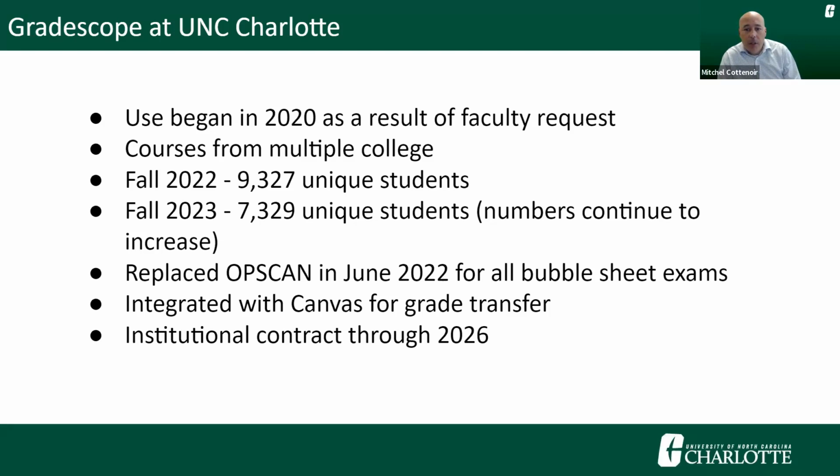So this is a fairly significant number of students on campus, mainly undergraduates who are using this, and mainly in the large enrollment courses in those first and second year courses that we see across campus. As of right now, this semester, there are 7,329 unique students in there. That number continues to increase as people start to bring in their courses as midterms come up and those types of things. So we're looking to see that number increase as well.